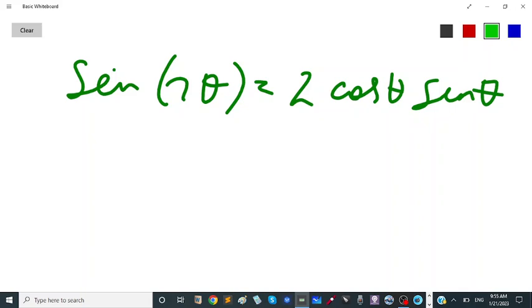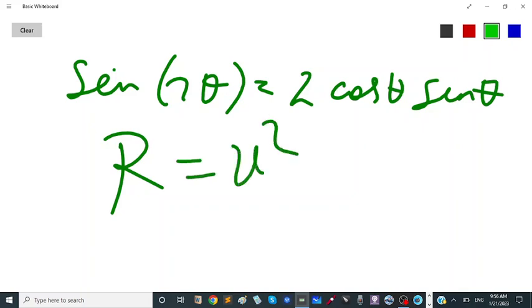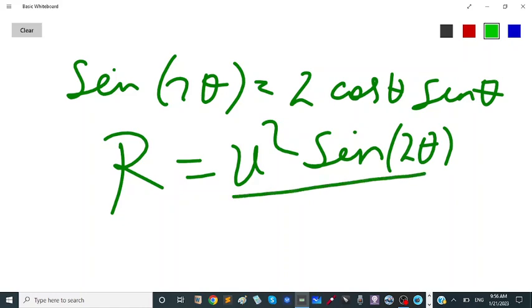So if you substitute that value, the range is given by u square sine of 2 theta over g.